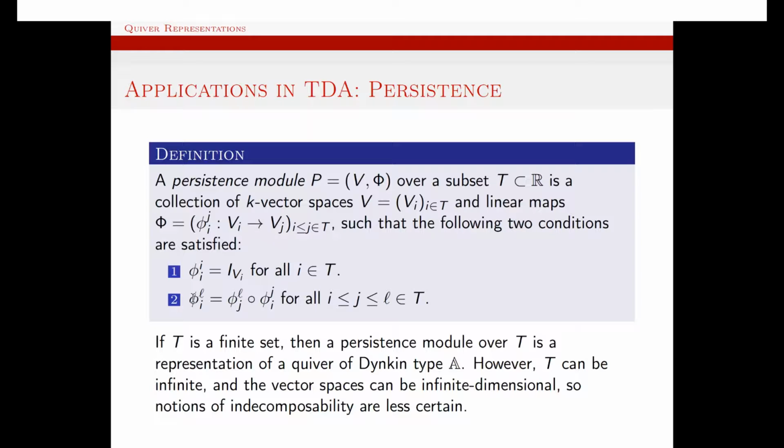However, a persistence module will not always be a quiver because T can be infinite, and even if T is finite, the vector spaces can be infinite dimensional. This makes notions of indecomposability less certain because we don't have the same structure that we can assume with quivers.